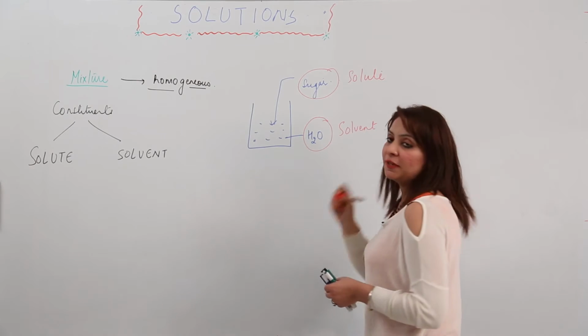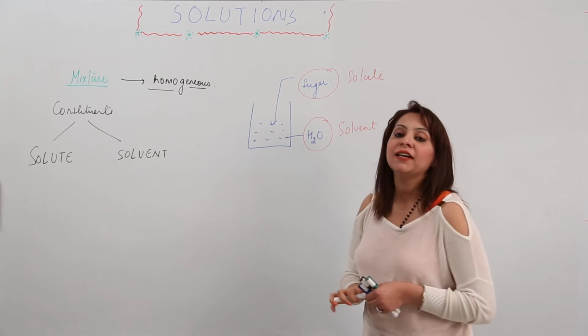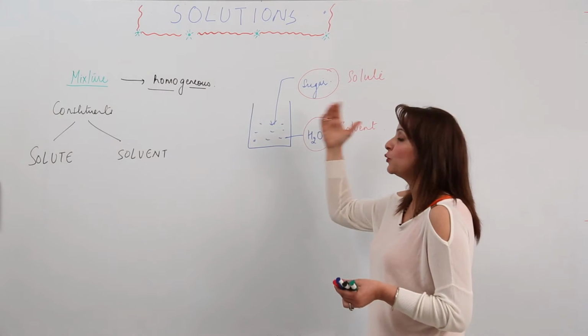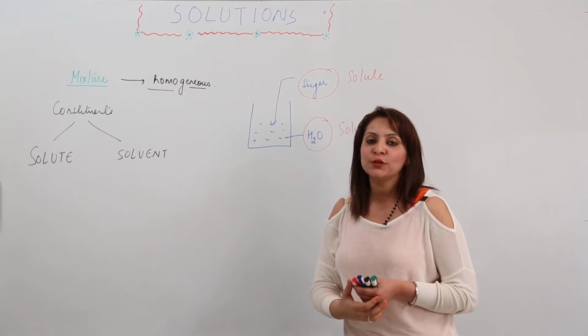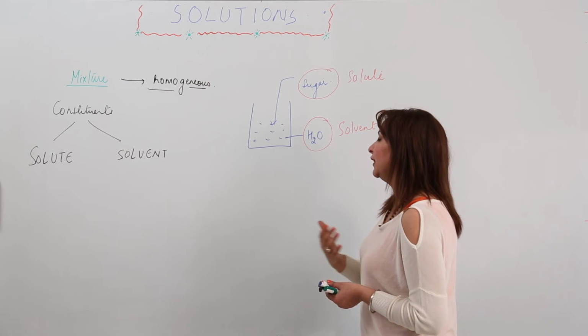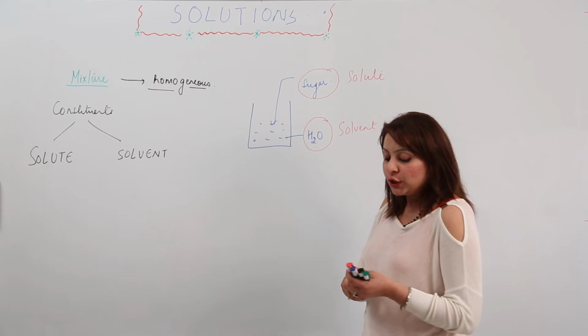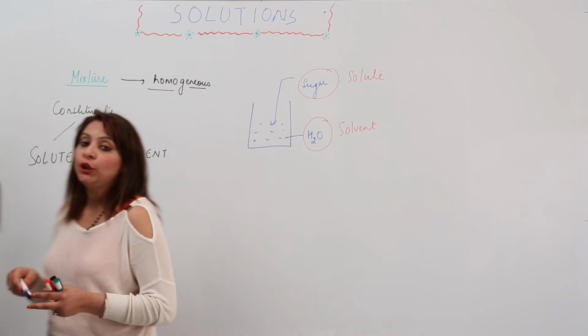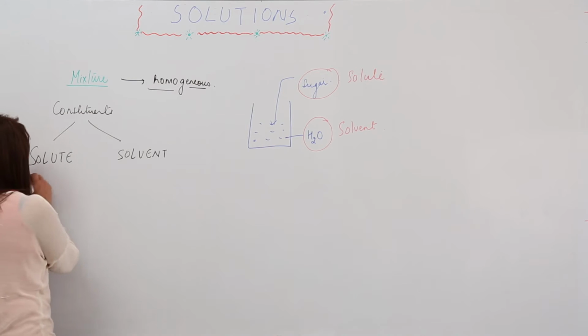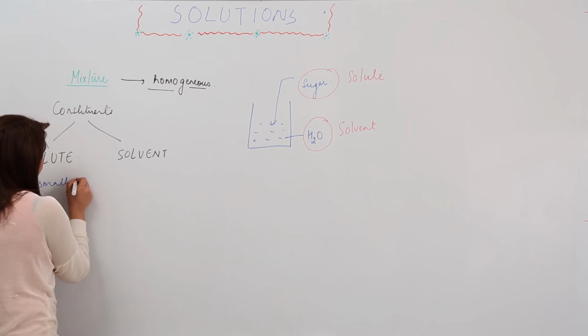Now the question must be striking in your mind: what characteristics are fulfilled by the sugar, that it comes under the category of solute, and what characteristics are fulfilled by the water, that it falls under the category of solvent. So I must tell you that solute is a substance which is present in small quantity.